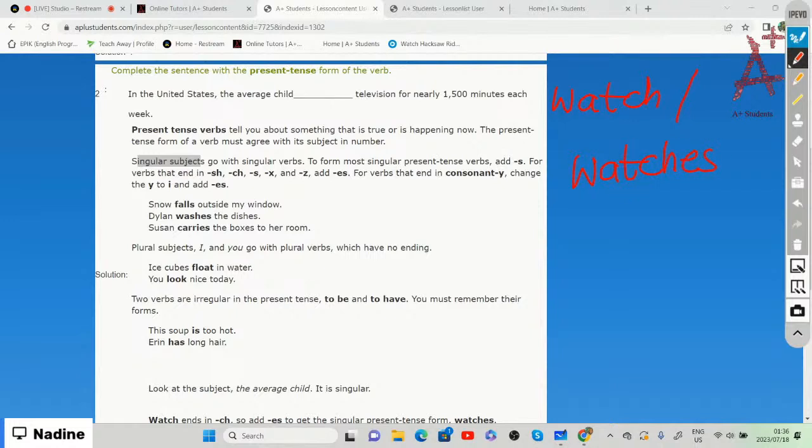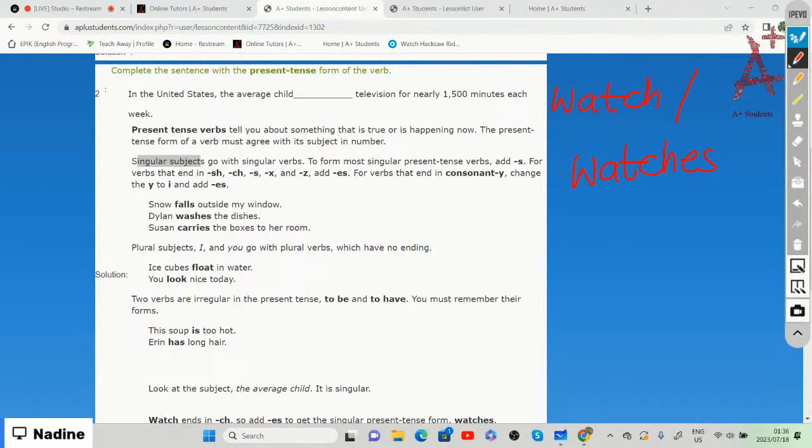We said singular subjects go with singular verbs. To form singular present tense verbs, we either add an S, and for verbs that end in SH, CH, X, and Z, we add an ES.